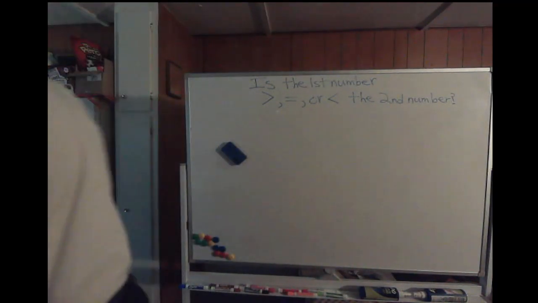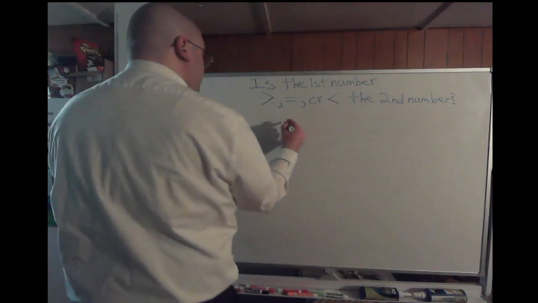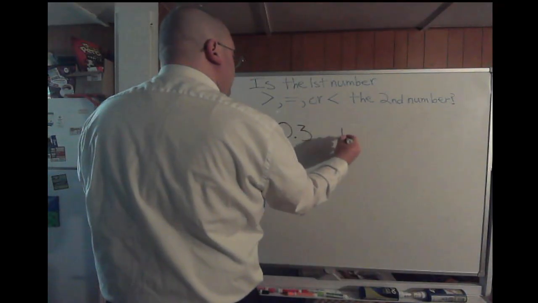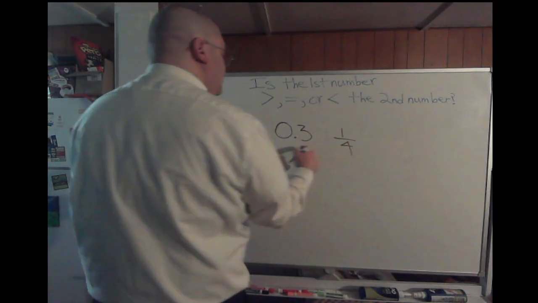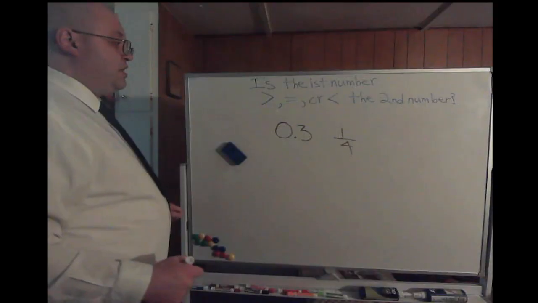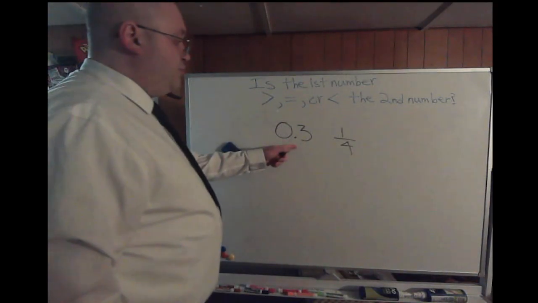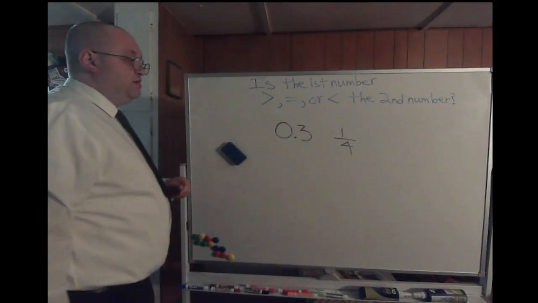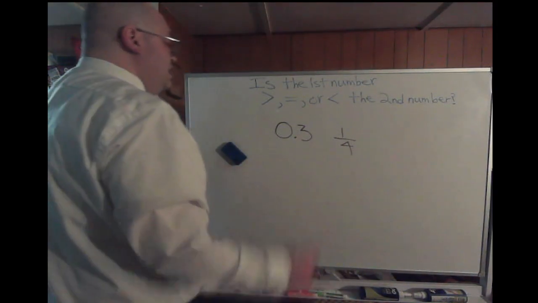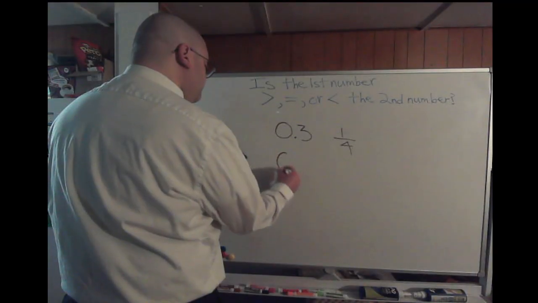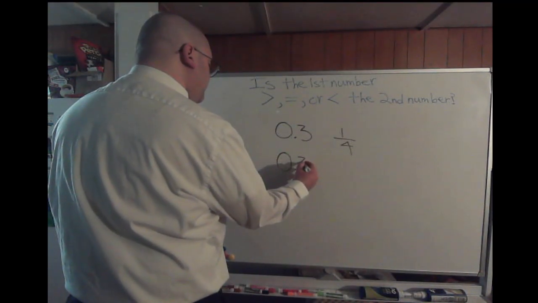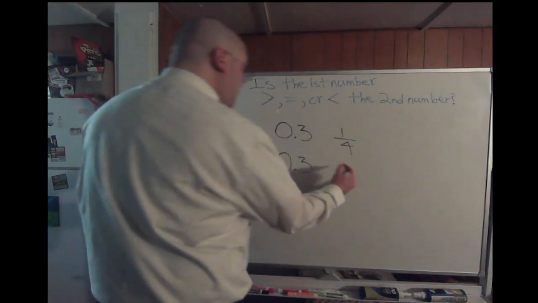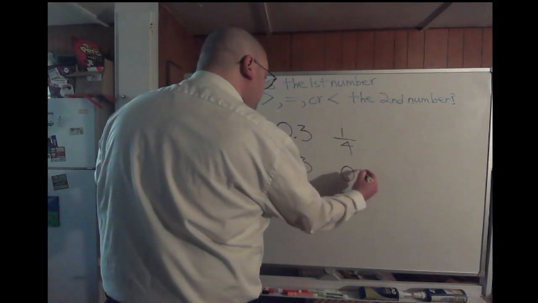Well, let's start out here. We have 0.3, then we have 1/4. So you have a decimal, then a fraction. They want to know, is 0.3 going to be greater than, equal to, or less than 1/4? What I would do, in the second step, is keep 0.3 and convert 1/4 into a decimal. 1/4 is 0.25.